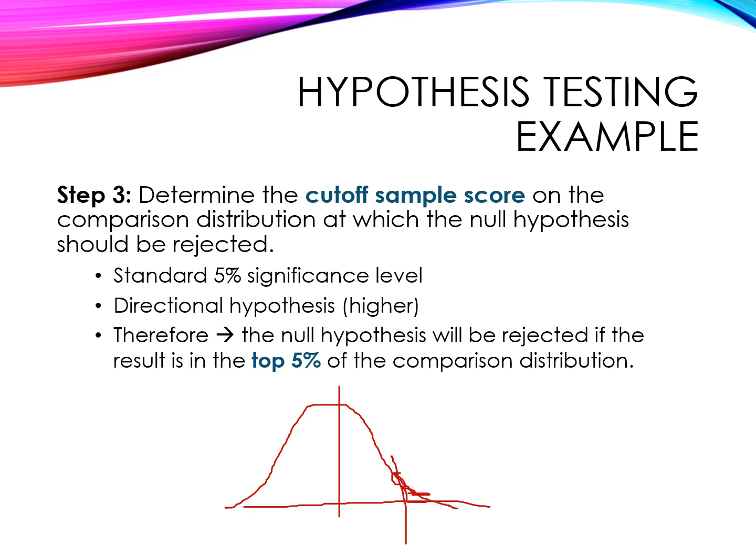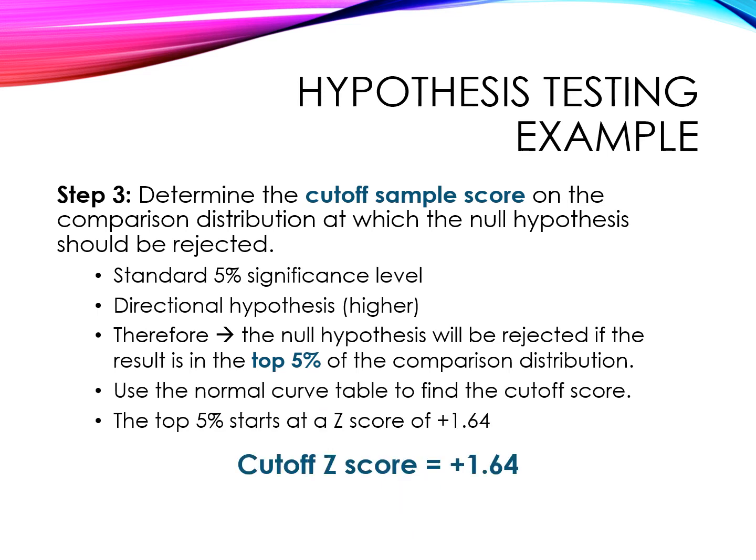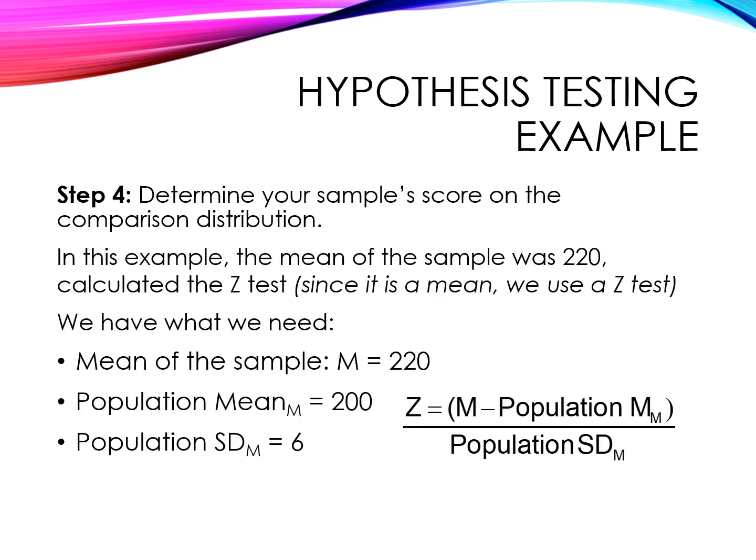We want our score to be over here in order to reject the null hypothesis. All right, so using the normal curve table, we find out that the cutoff score for the 5% mark starts at a z-score of plus 1.64, and so that is our cutoff score, okay? All right, so we've got our cutoff score.